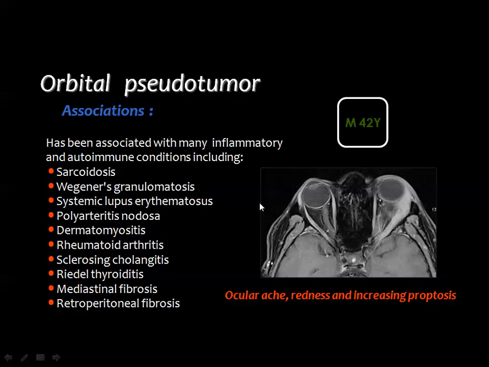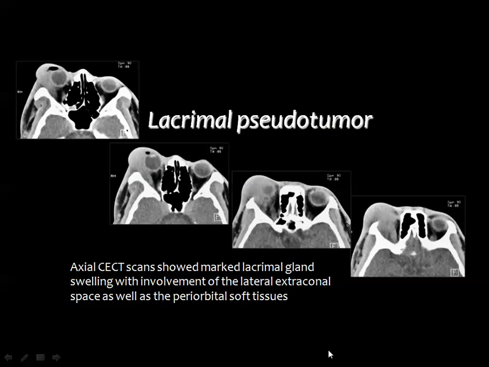This is an example of orbital pseudotumor by MRI, T1 weighted images after fat suppression. You see the smudging of the intraorbital fat, the swelling of the lateral rectus, and the involvement of the lacrimal gland as well. And this is an orbital pseudotumor affecting the lacrimal gland as well as the eyelid, which are diffusely swollen.